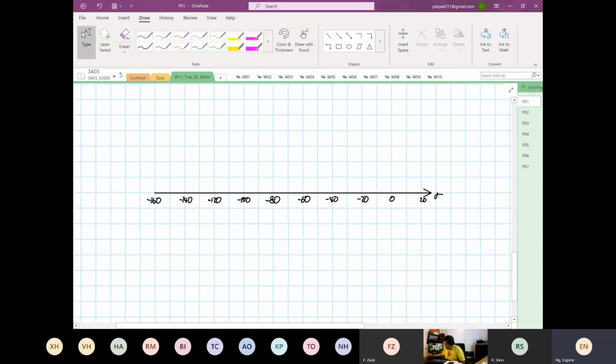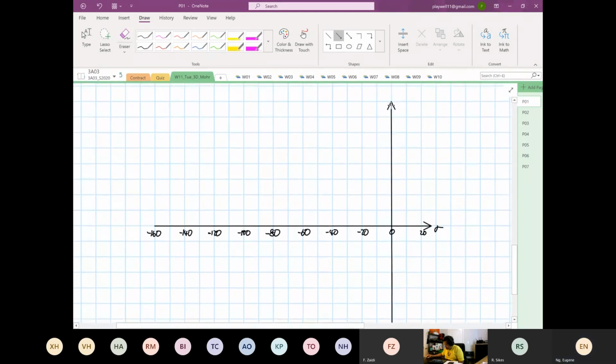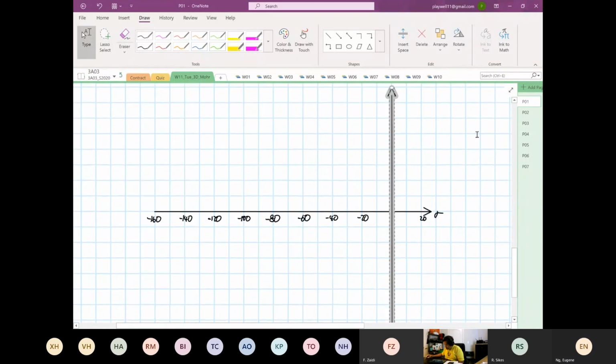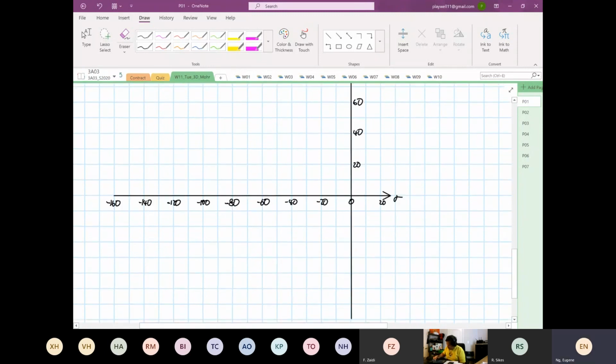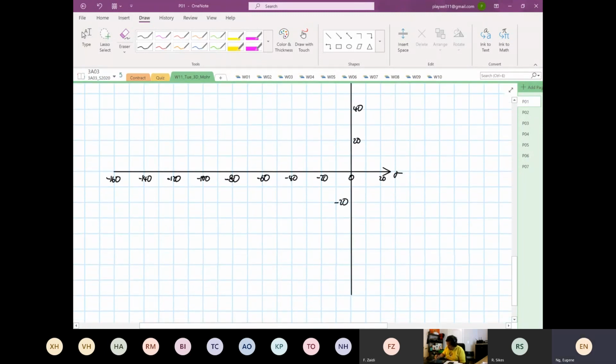That's our normal stress. Then we go for our shear stress again, clockwise 20, 40, 60, 80, minus 20, minus 40, minus 60, minus 80.